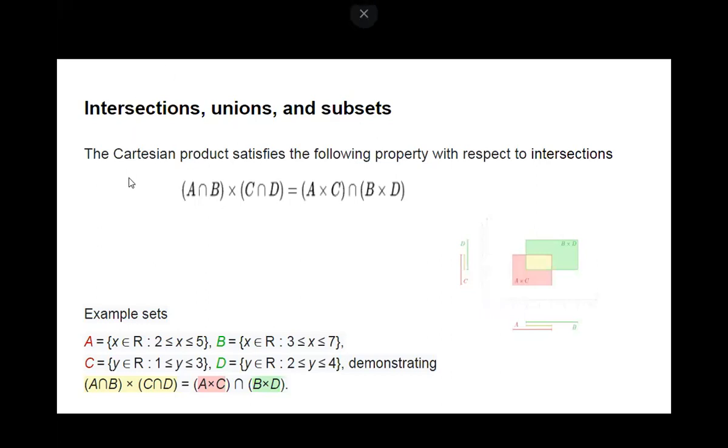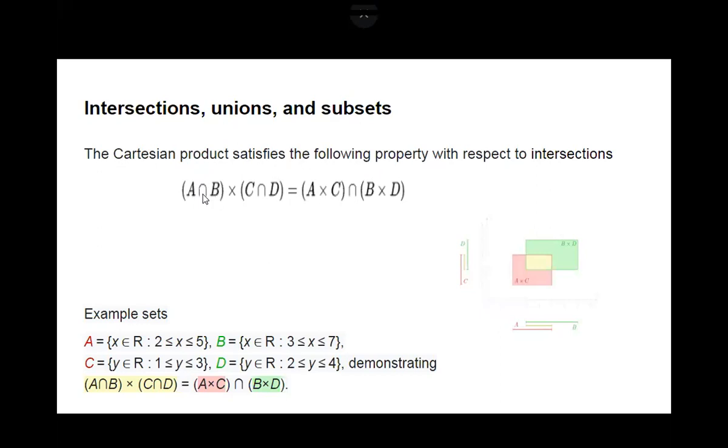Intersections, unions, and subsets. We are here. The Cartesian product satisfies the following property with respect to intersections. Here we have considered the four sets A, B, C, and D. What is the property here? A intersection B, cross, C intersection D. Intersection means the common elements.